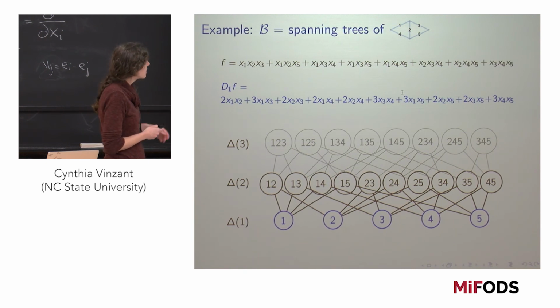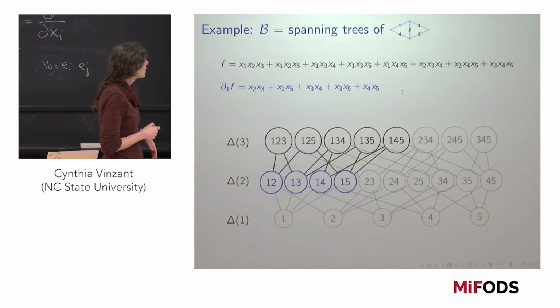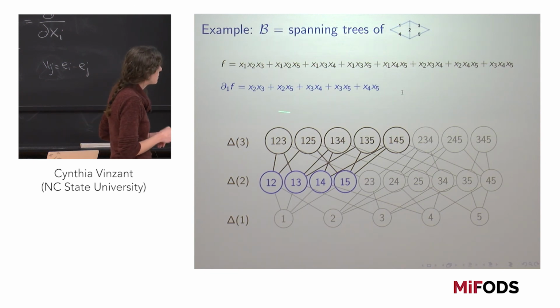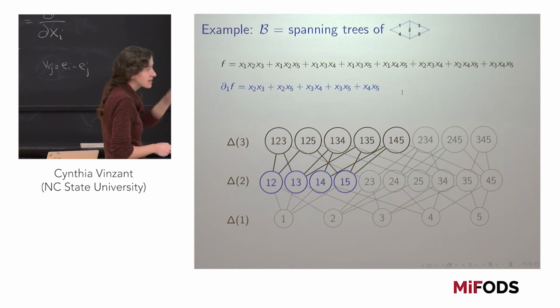And then the other condition was that if I take derivatives to get down to a quadratic polynomial, so if I take the derivative with respect to x1, for example, then I get some polynomial. And in fact, it looks exactly like the link of the simplicial complex over the element 1. And this will define me some random walk, some pair of random walks on this subgraph.